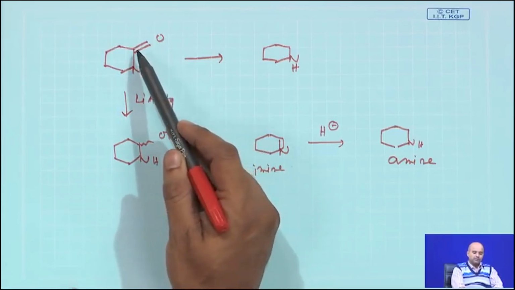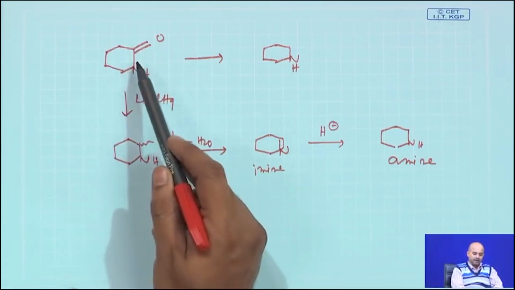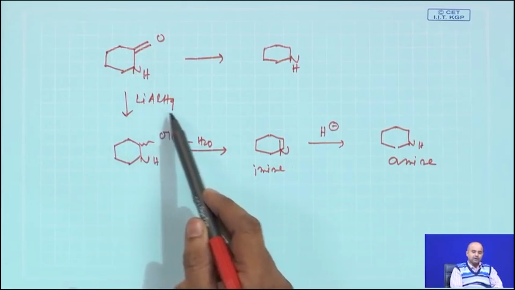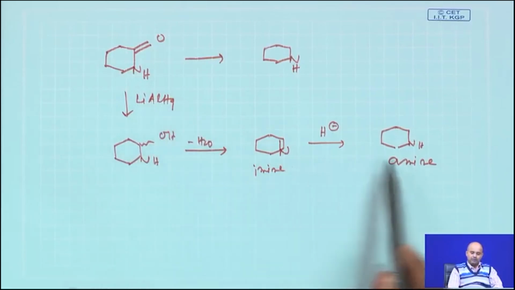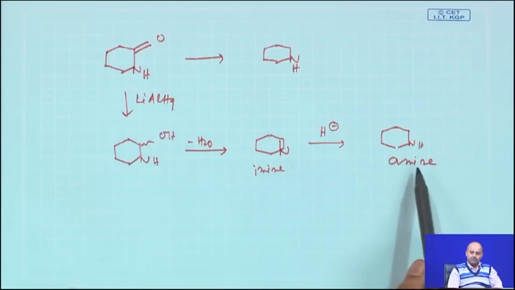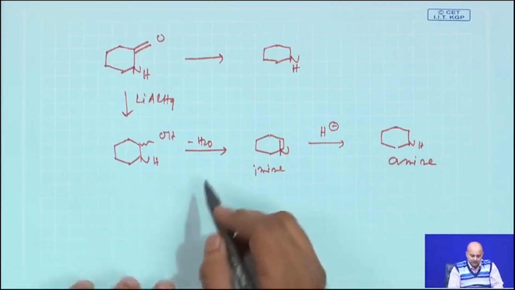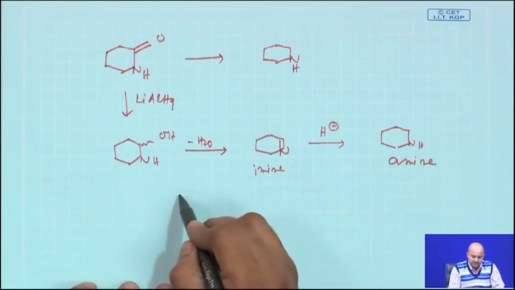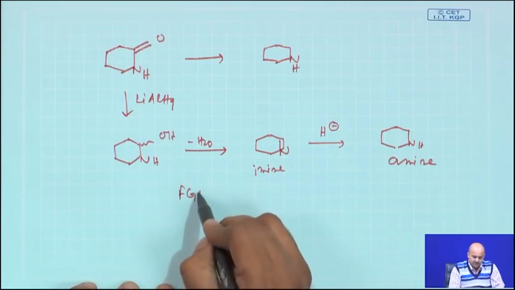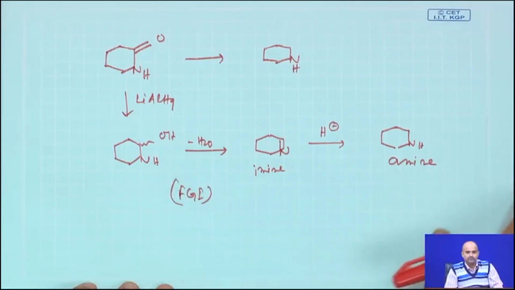So, no need, if you just simply subject this amide to the corresponding reducing agent, instantly it will reduce to first the imine, then the imine will be further reduced to the amine. So, it may not be an expression of a redundant functionality, but this is a simple FGI, a simple FGI.